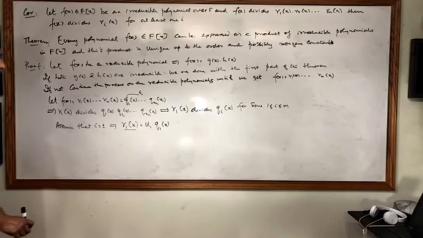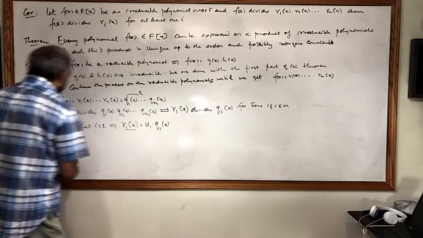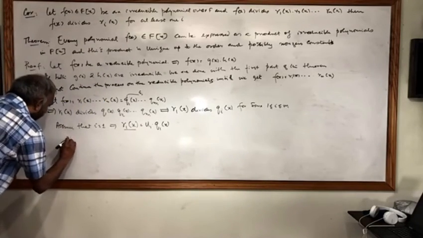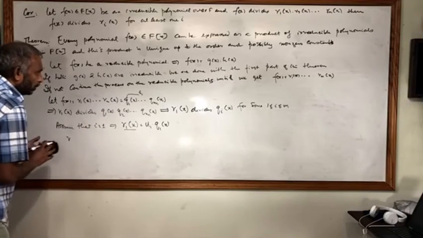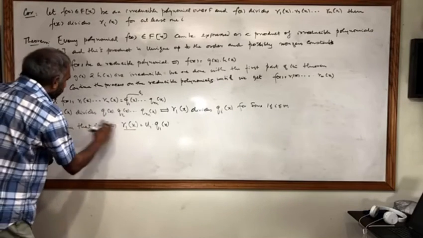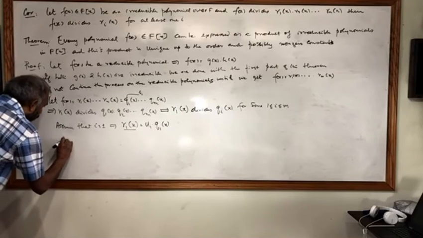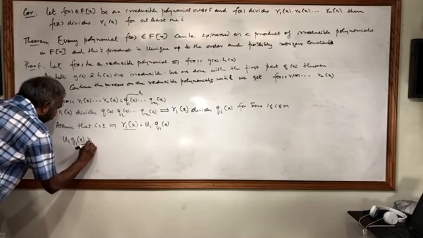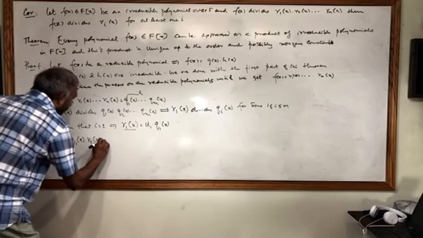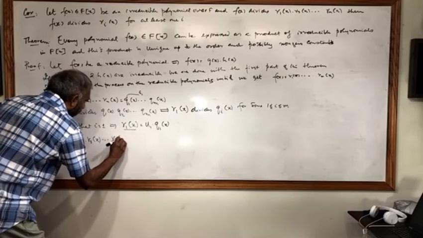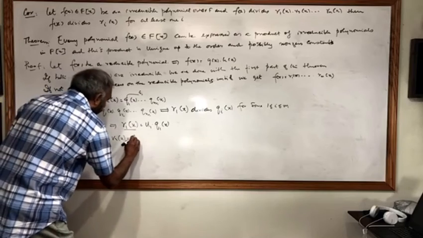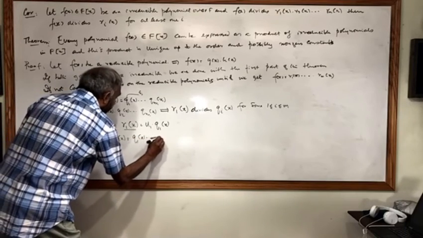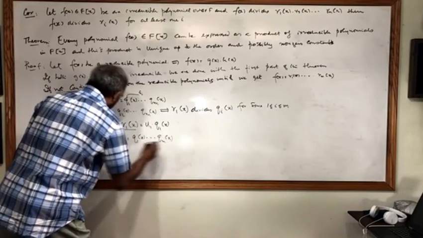Right? So if you continue this process, what we'll have is, before that, we'll replace here. So that means u1 q1 of x times r2 of x ... rn of x is equal to q1 of x ... qm of x.